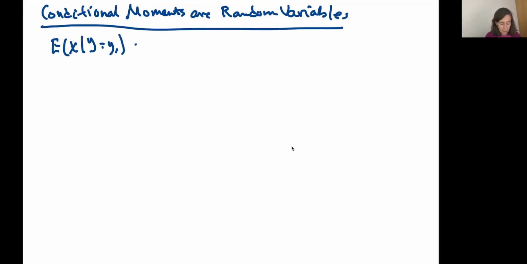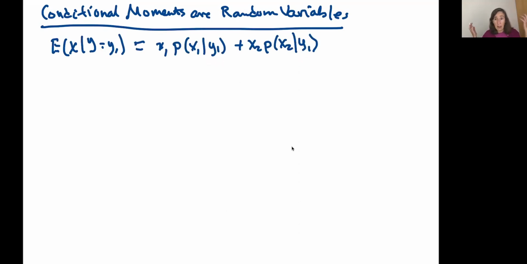So if x takes values x1 and x2, that conditional mean is just x1 times the probability of x1 conditional on y1 plus x2 times the probability of x2 conditional on y1. Whatever we're conditioning on for the expected value, we condition on it for the probabilities.